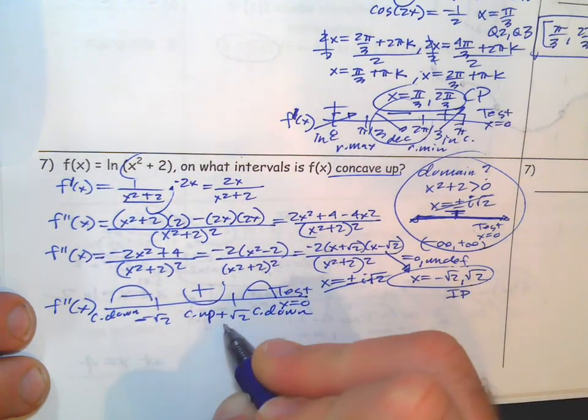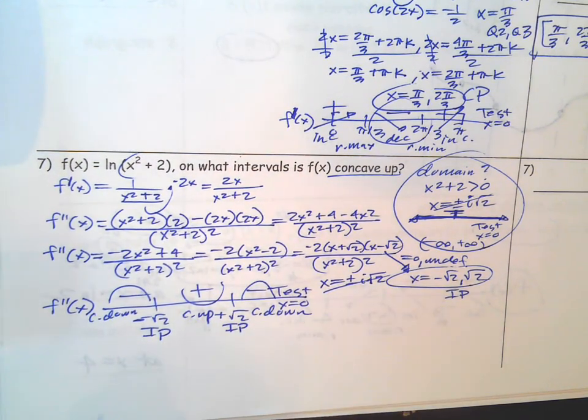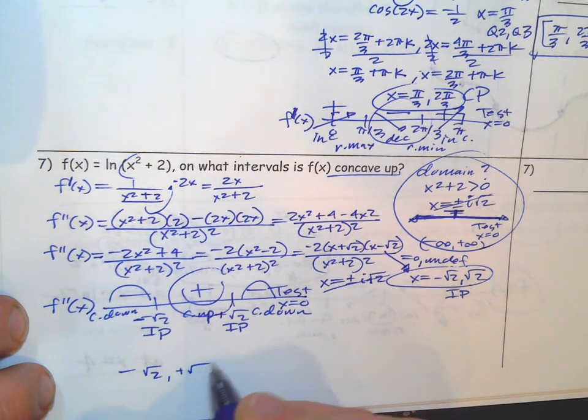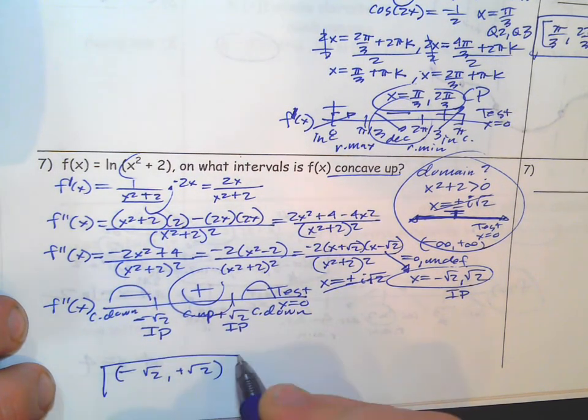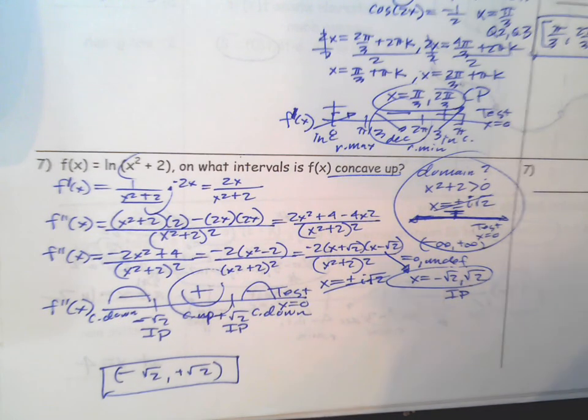Which means this is an inflection point and this is an inflection point. The answer is, where is it concave up? So that's just this part right here, negative root 2 to positive root 2, parentheses, is where it's concave up. So, try another one.